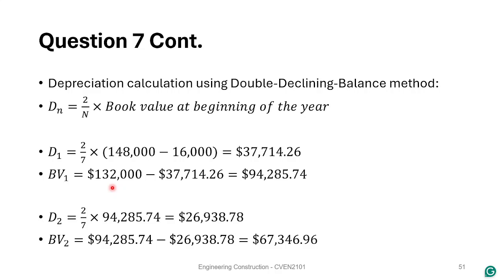If the book value goes below our salvage value, then we just match that last bit to the salvage value, and everything after that becomes 0. I'll have another question after this with all that.